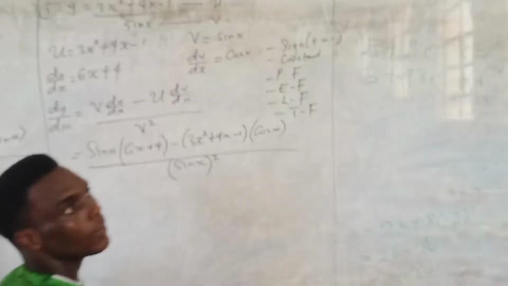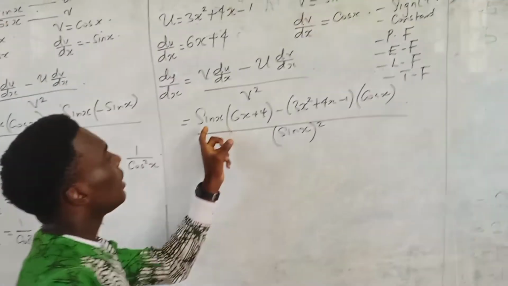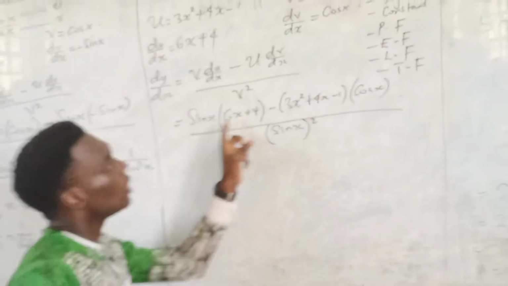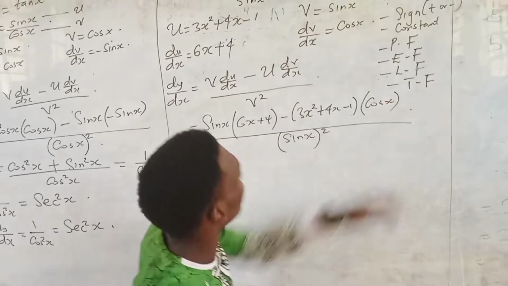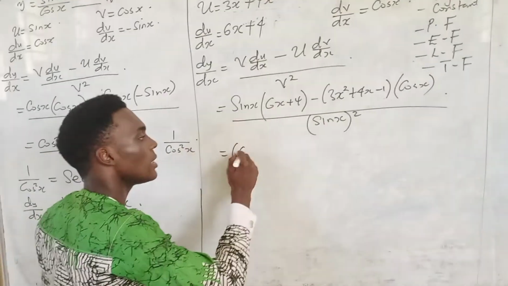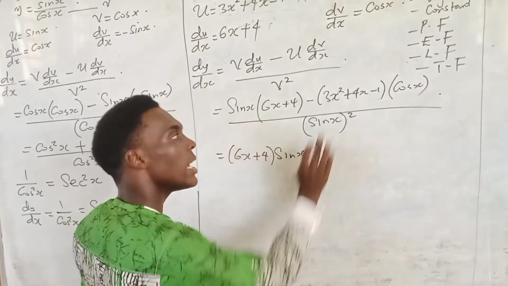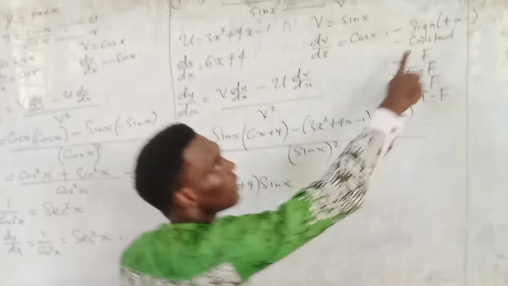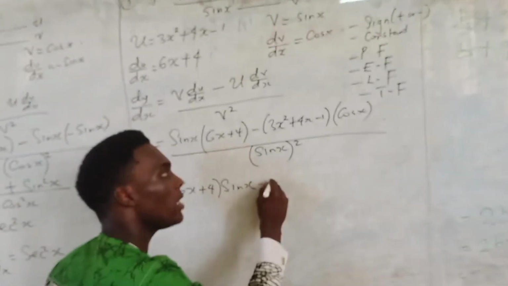That's the arrangement pattern. So if you follow this arrangement pattern on this part, we will see that trigonometric function and power function, the one that comes first in the arrangement is power function before trig function. So this becomes 6x plus 4 sine x. Then on this other part, we see that minus sign, as sign comes before any other function, so it becomes minus.